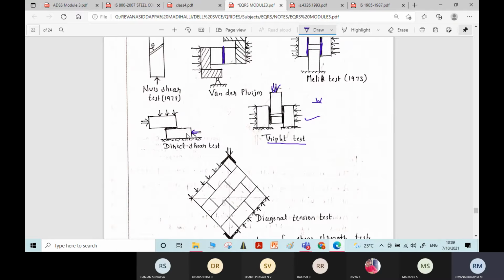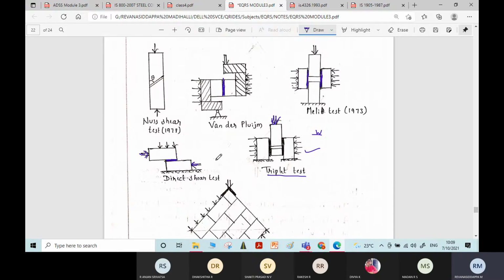Loads of equal magnitude in opposite directions will be applied to two successively stacked bricks. Here the shearing action will take place, and whenever the shear failure takes place, noting the load carried by the specimens, we can find the shear strength of the bricks.